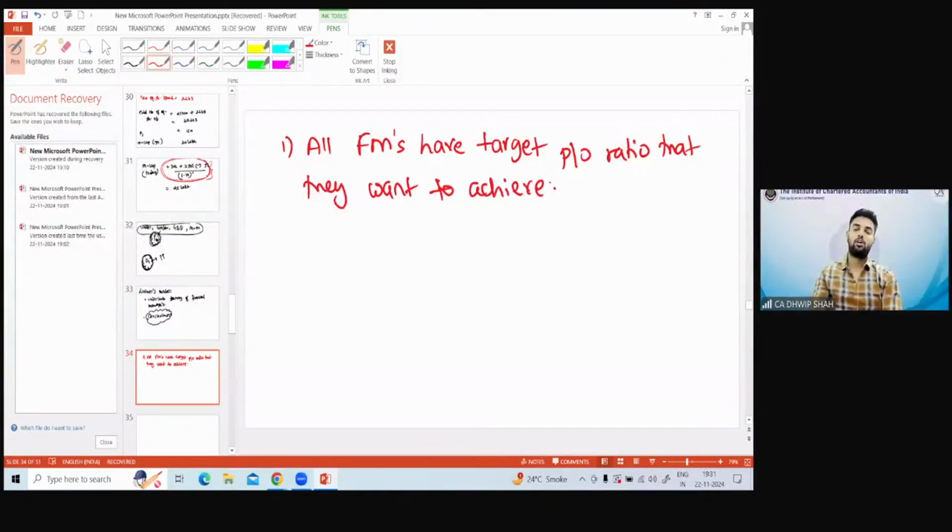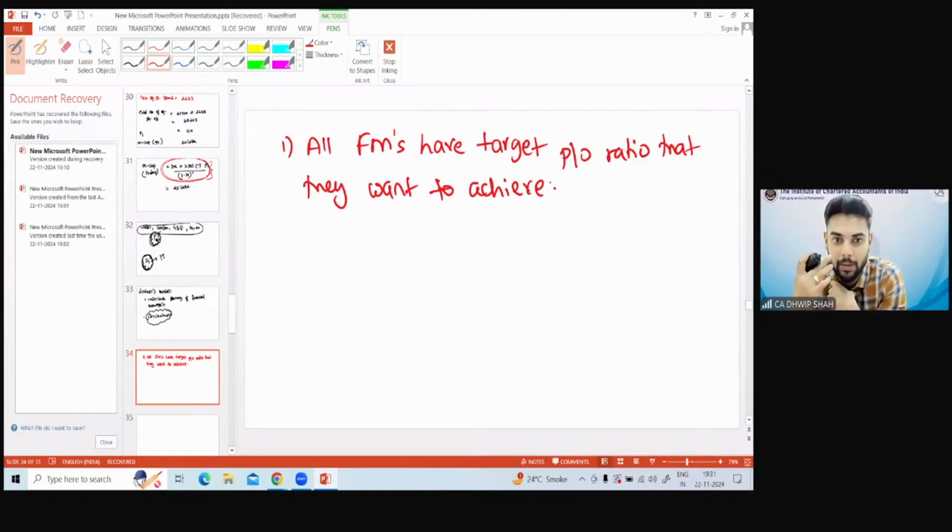See, you all also have a target that I want to score so and so much in my examination, correct? So everyone has their own targets. Everyone has their own vision. So here the financial managers have their set predetermined target payout ratio every year that they want to achieve.